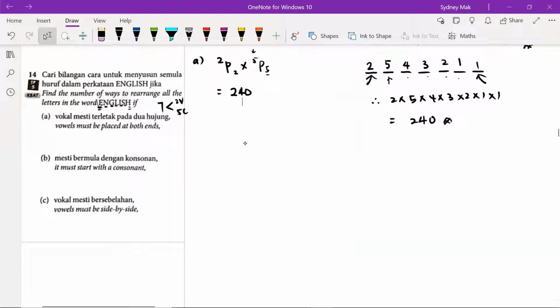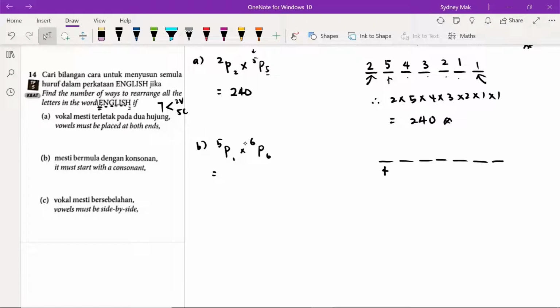All right, now part B, it must start with a consonant. So the first space must be chosen from the 5 consonants, so 5P1, and then the remaining 6 empty slots, 6P6, permute with the remaining 6 letters. If you don't understand this, let's use the fill in the slot method. 1, 2, 3, 4, 5, 6, 7.